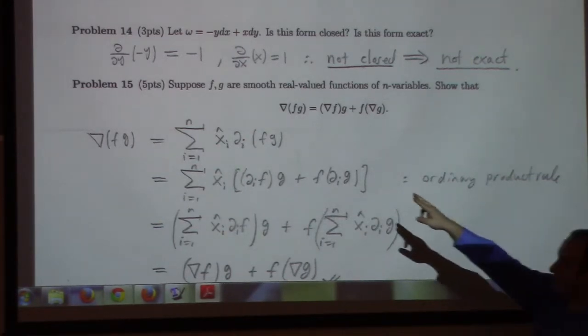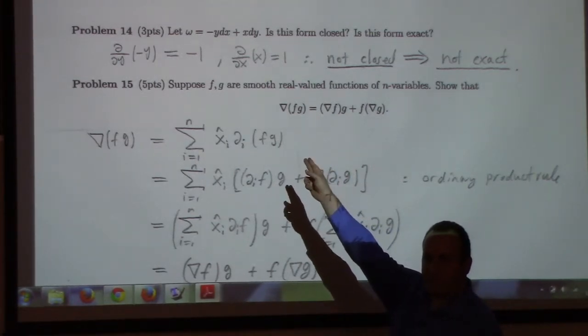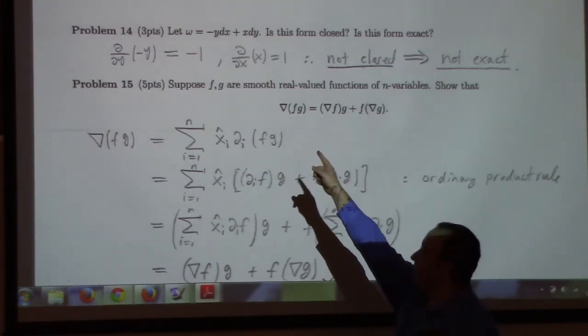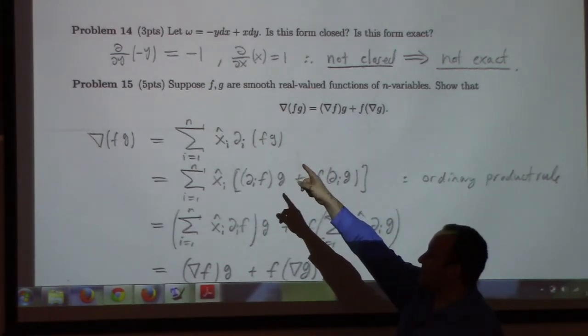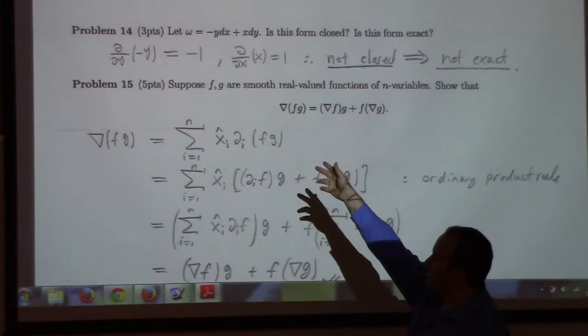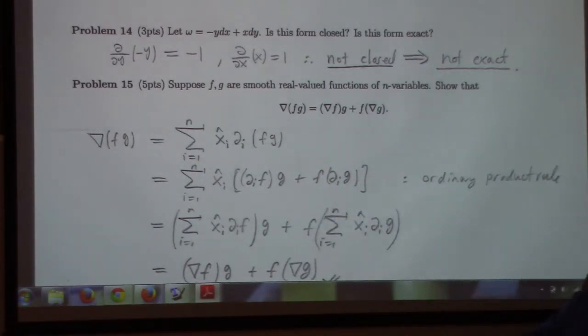I'm checking the y derivative of the x component. The x component is minus y, right? P is equal to minus y here, right? Q is equal to x. So partial y of minus y is equal to minus 1. Partial x of x is equal to 1. Minus 1 is not equal to 1. So it's not closed. So that implies it's not exact.